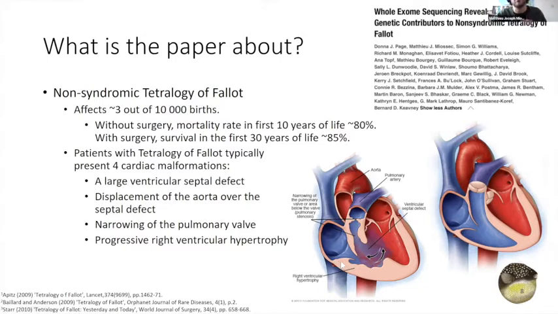You get a thicker and thicker heart muscle. So you can see from here that it's a very complex disease, and it's understandable that it has a high mortality rate if it's not fixed by surgery. And this duality between without surgery, death at 80%, but with surgery, survival at 85%.